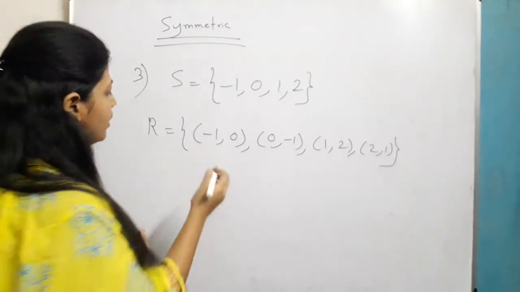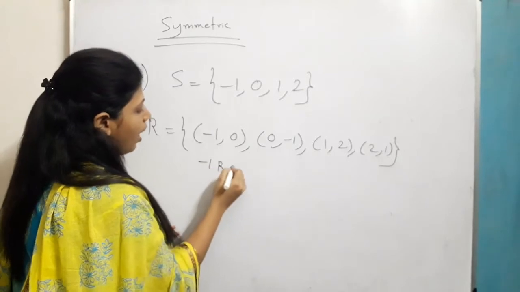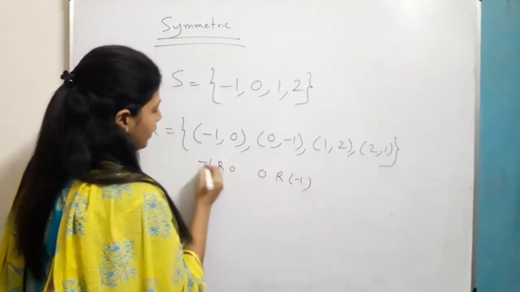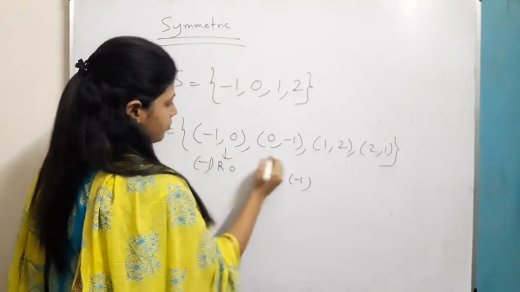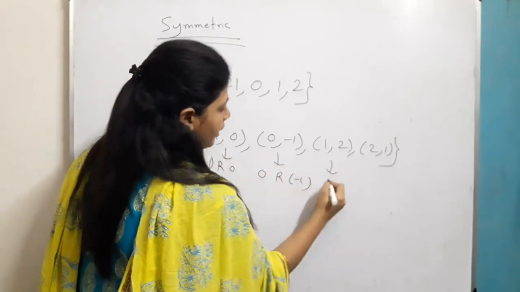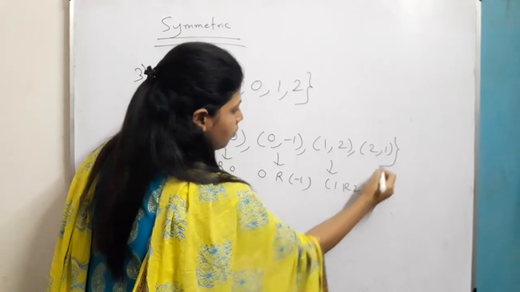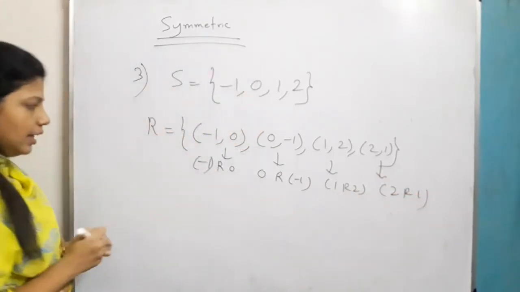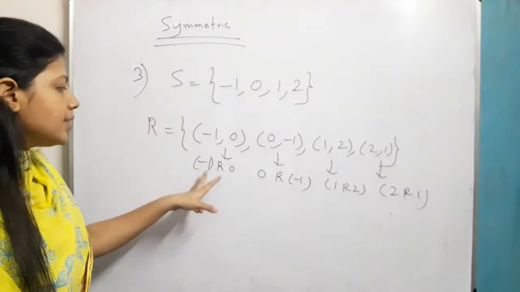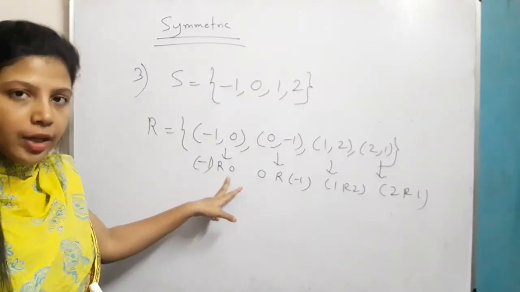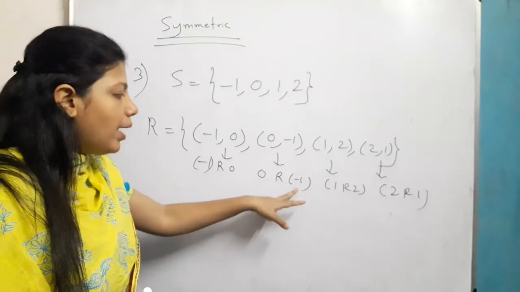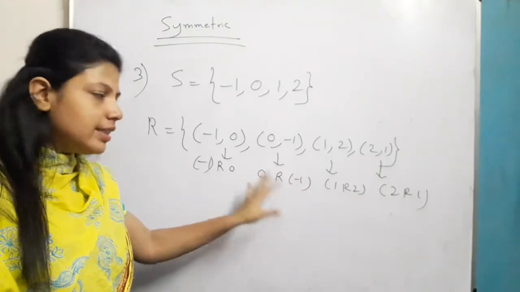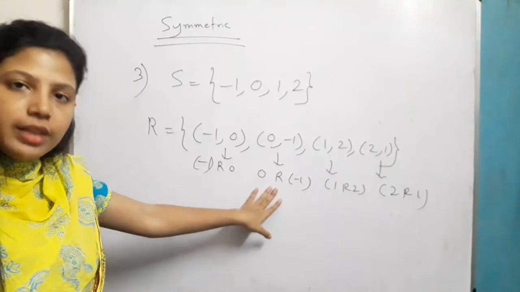Minus 1, 0 means minus 1 R 0, 0 R minus 1. This one means 1 R 2, and this one means 2 R 1. That means if minus 1 R 0, then I will check that 0 R minus 1, is it true or not. It is given here, that means yes, it is symmetric with respect to this element.